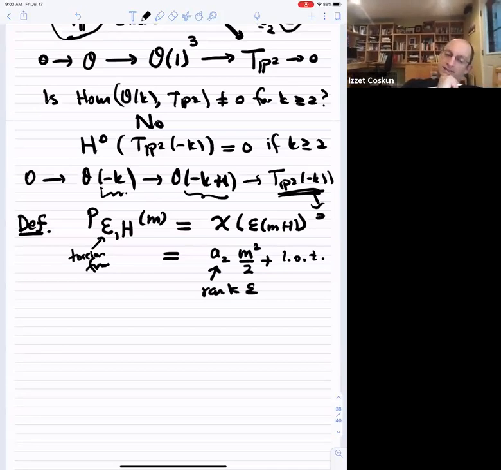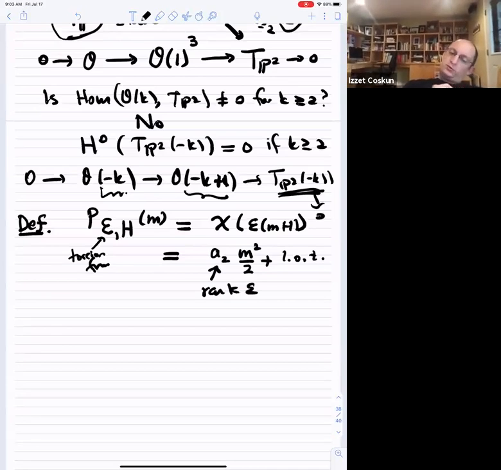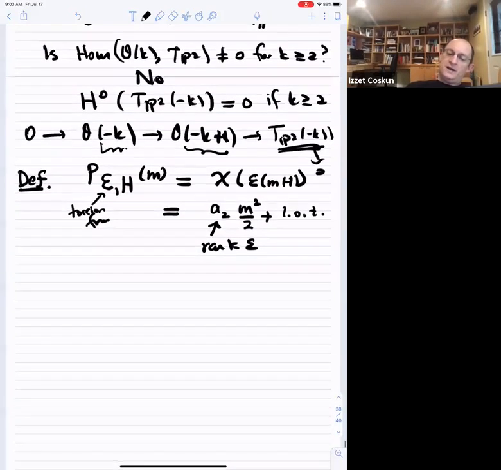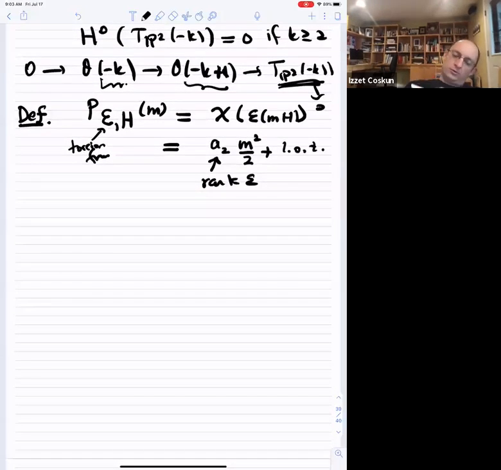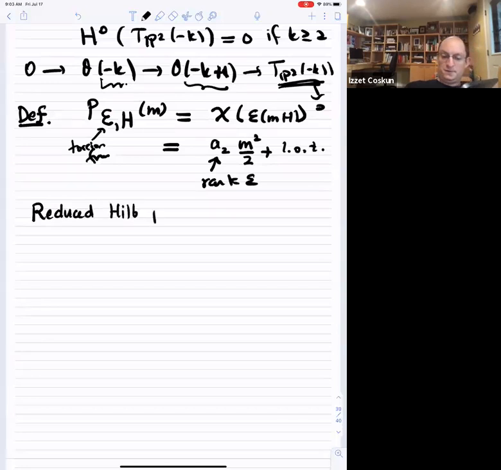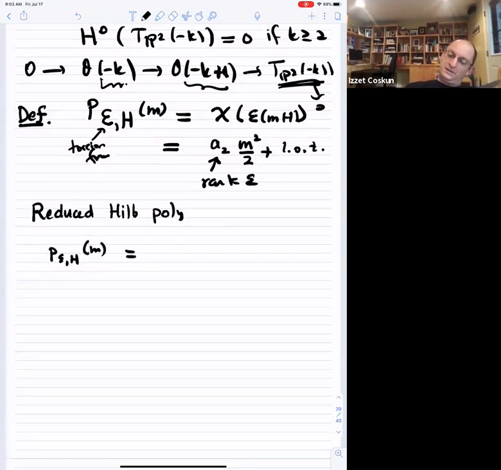All right, so that's the usual Hilbert polynomial. It depends on your ample and it depends on your sheaf. What we do is we define the reduced Hilbert polynomial. This will be denoted by small p, which of course is hard to tell from a big P, but this was a big P, this is a small p.